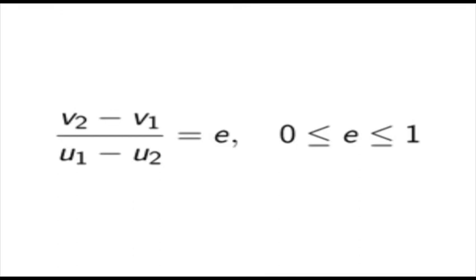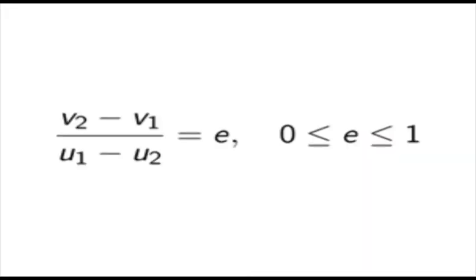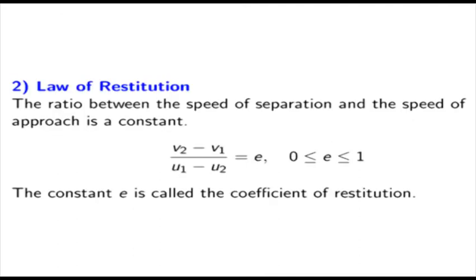We can easily make sense of this coefficient by remembering what happened with the one-ball bounce. If the ball reaches very much the same height again as the initial height, this means the speed of separation from the desk is very close to the speed of approach. This would correspond to an E very close to 1. In the ideal situation that E is 1, we call this an elastic collision.